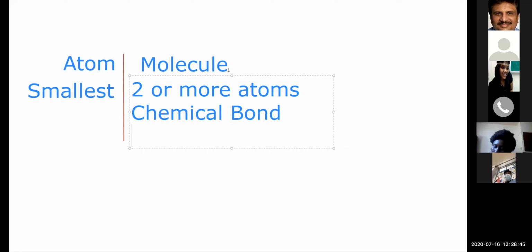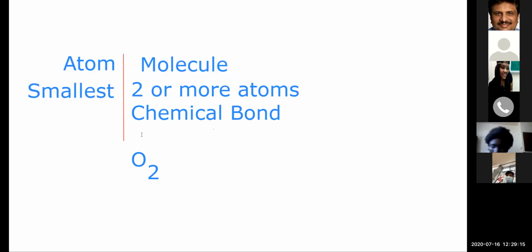What could be an example? For example, oxygen gas. Oxygen gas is written as O, and 2 is a subscript, written like this, oxygen atom. Now, the two atoms are similar here.